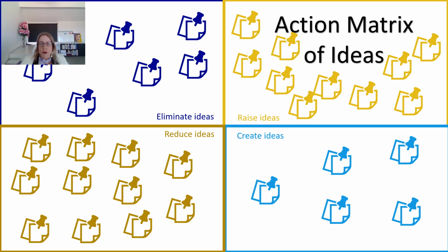And we tend to have a lot more ideas in the reduction and the raising sections. Once it's completed, ideally we want to get everybody to read through those ideas and discuss those concepts. Again, depending on how you completed this, that may or may not have happened throughout the entire process.